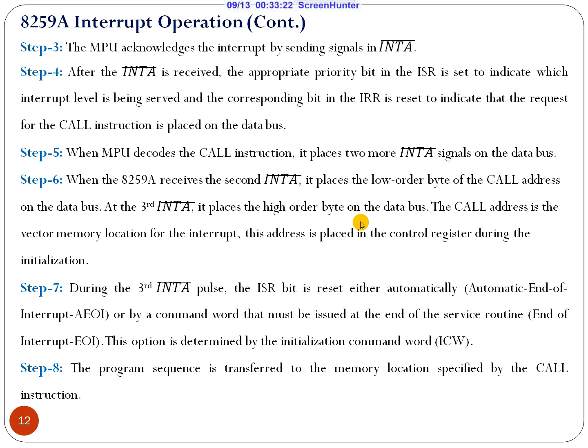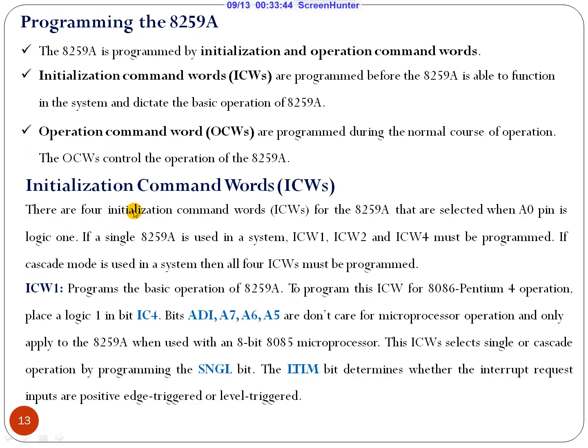If it is automatic or normal, the interrupt will be processed, and it will go back to the normal operation of the microprocessor's programs. But there may be some prioritized modes based upon this end of interrupt signal, which will be coming in the upcoming slides.